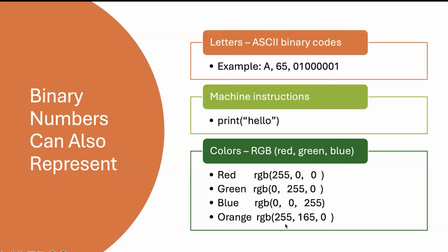And then if we want orange, we want a lot of red and some green. By combining those, it will generate orange. So for RGB values, we're using those three values, where each value ranges from 0 to 255, to represent all those different choices of colors.